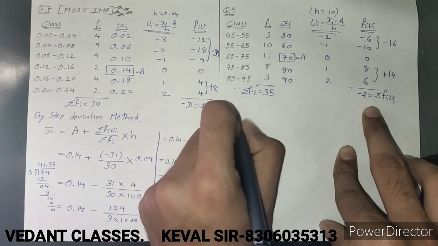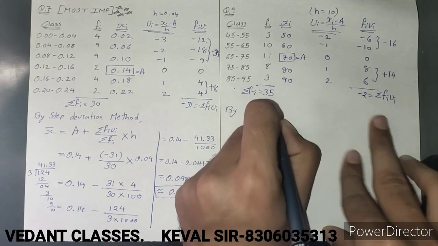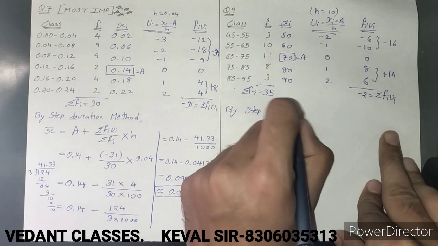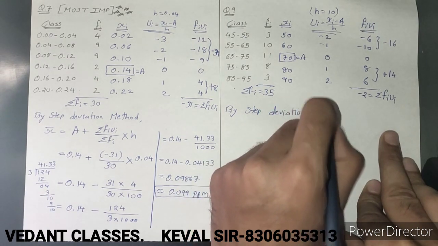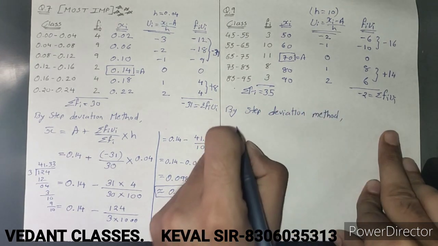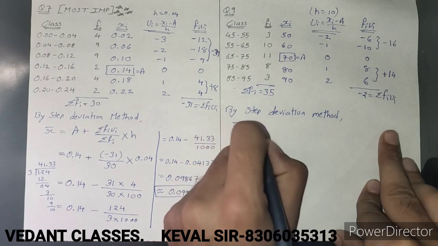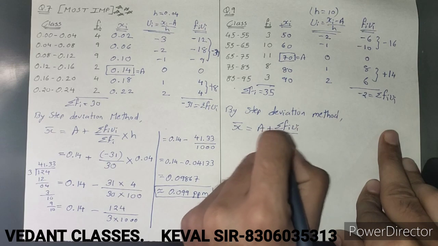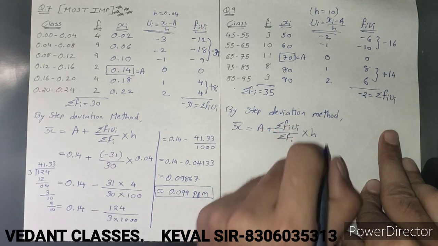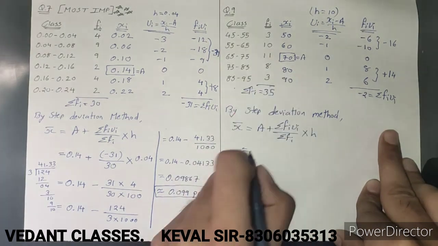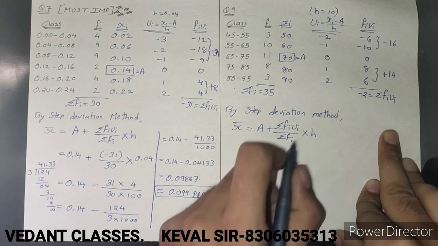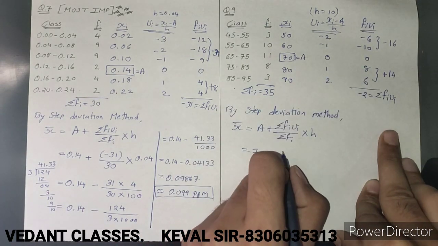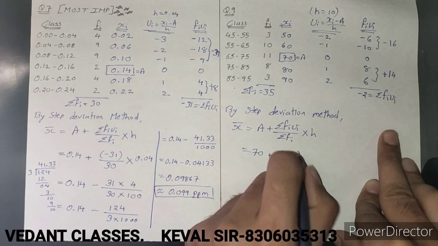Okay, again by step deviation method, x bar is equal to a plus sigma fi ui upon sigma fi into h. Value of a is 70. Value of sigma fi ui that we have calculated is minus 2.